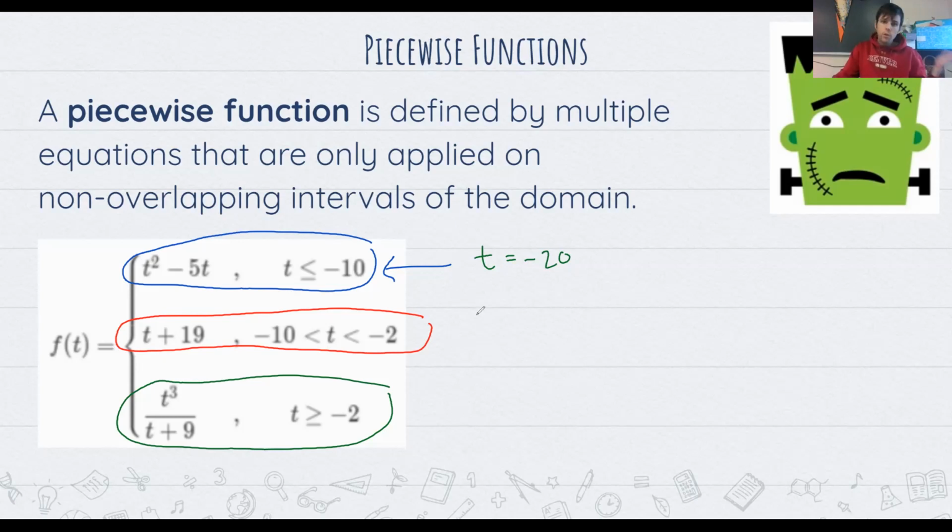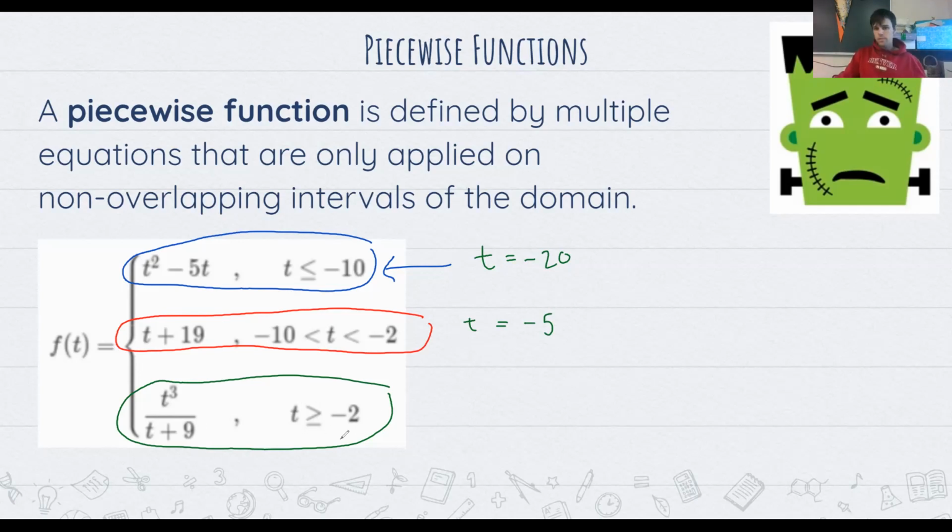So for instance, if we were trying to evaluate f of negative 5, negative 5 falls inside of this interval here, so we would use this middle function. And then finally, we have our third piece, t cubed over t plus 9. We're supposed to use that when t is greater than or equal to negative 2.